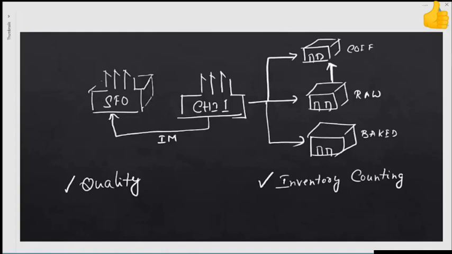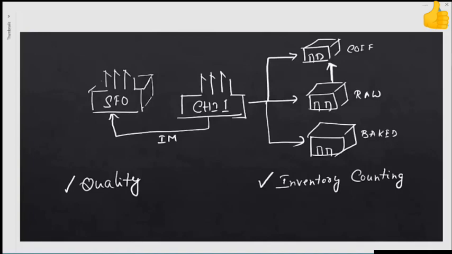You check for molds, you check for color, you check for flavor, all different kinds of things. After you do that, you put it into your stock. But until that point, it's stock that's still under inspection.